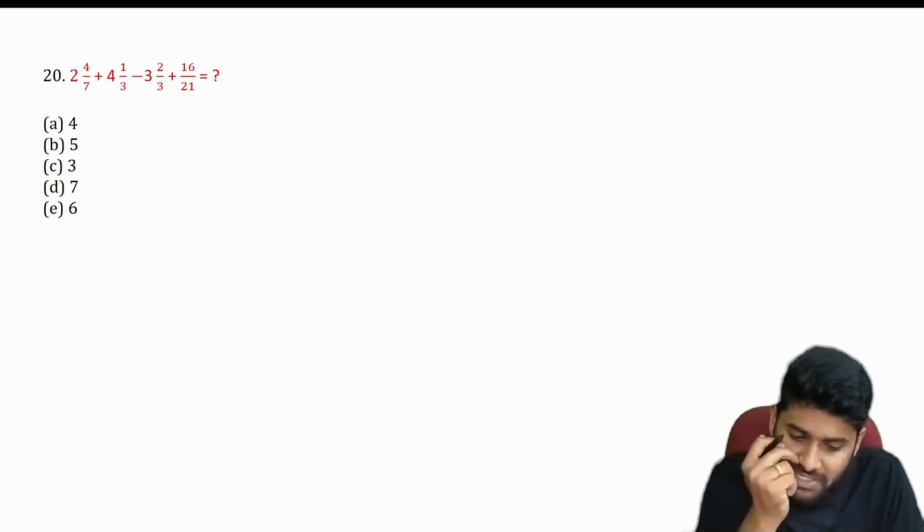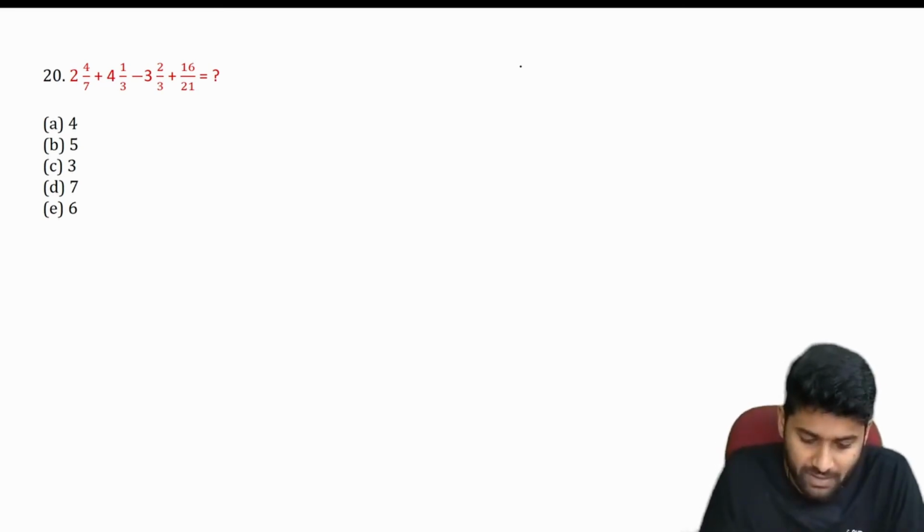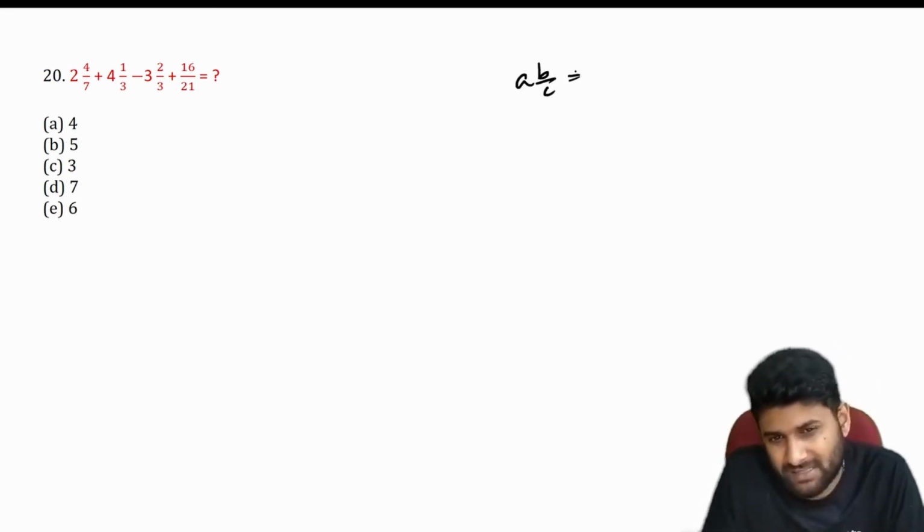Now check with the simplification. Guys, see, A B by C is exactly equal to A plus B by C. Both are same.